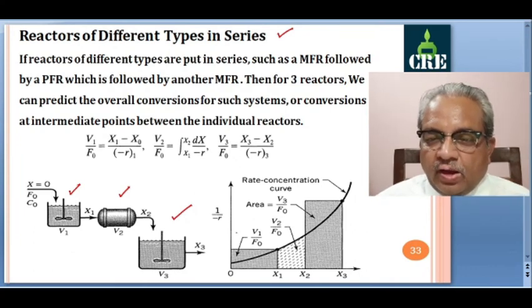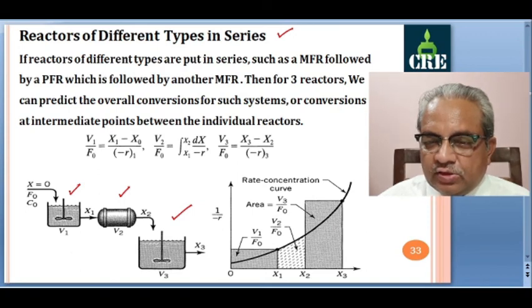And if you plot 1 upon minus RA against XA, here XA3, XA2, XA1, this is 1 upon minus RA. So this last one is V3 by F0. You can find out the volume of this last mixed flow reactor, this rectangle.